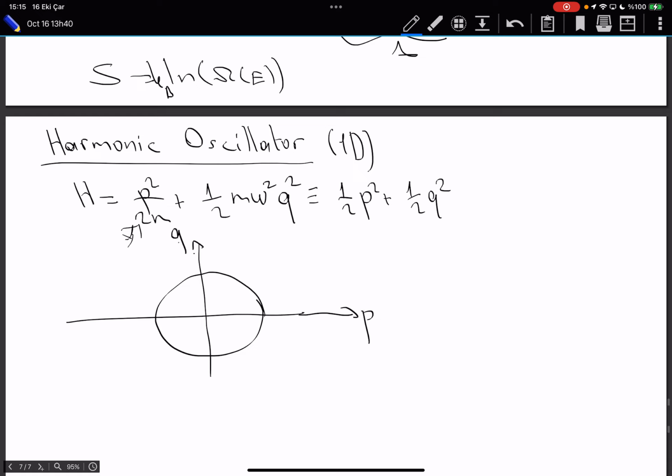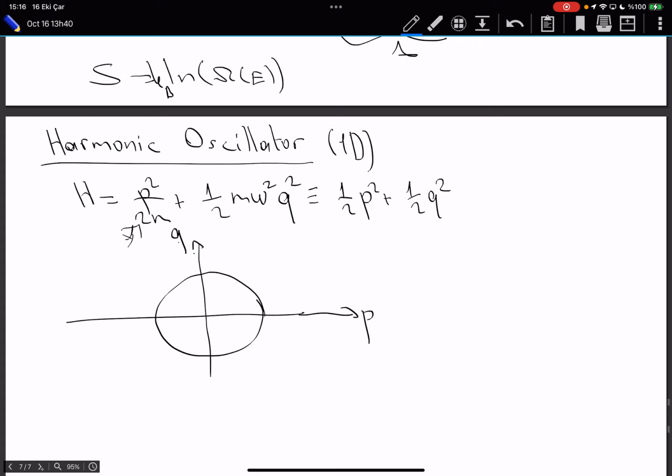Now, you see, in phase space, the points in the microcanonical ensemble that I choose are not just distributed over all available phase space, but only in the regions which are consistent with my constraints.